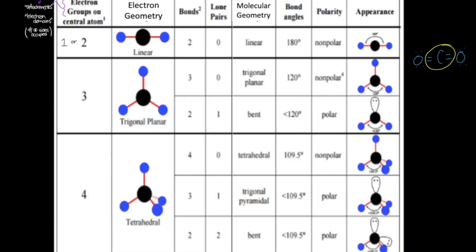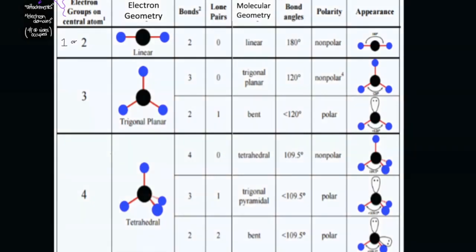As we move into 3 attachments, let's take a look at BH3. Remember, boron is your oddball. It can be satisfied with 6 electrons. So here's that structure. If we look at the central atom, how many attachments? 3.